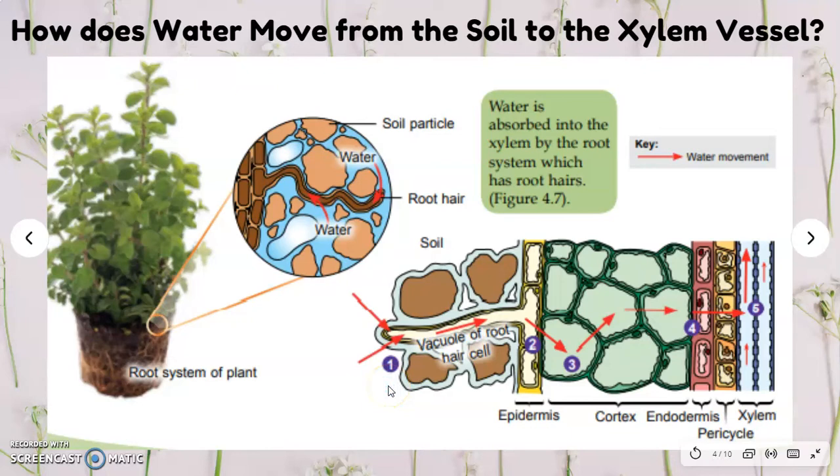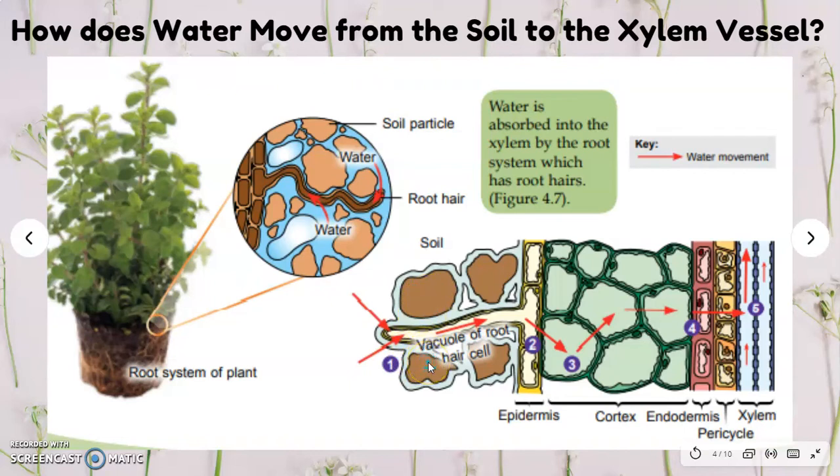What happened here? The water potential in the root hair cells is lower, compared to water in the soil. Why is the water potential in the root hair cell lower?